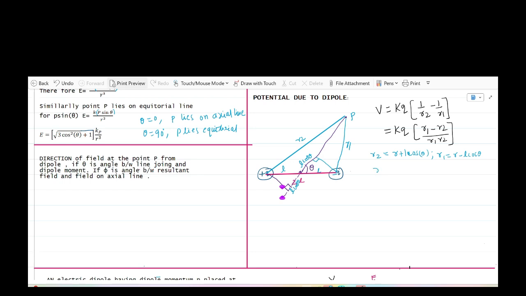So now R1 minus R2 is equal to minus 2L cos theta. Now R1 into R2 is equal to R square minus L square cos square theta, according to (A plus B) into (A minus B). And we know that L is very much less than R, so L square is neglected.